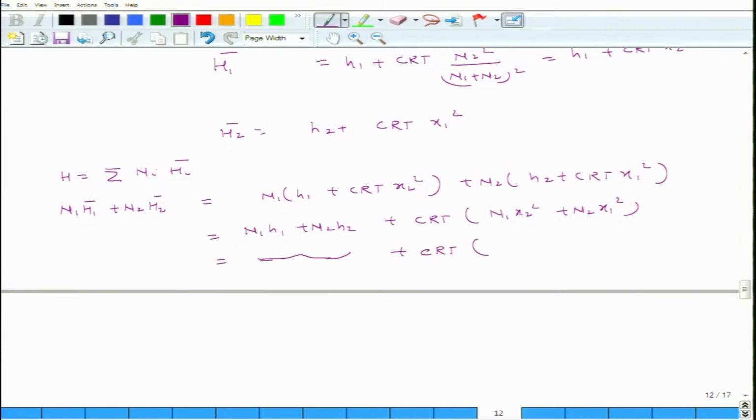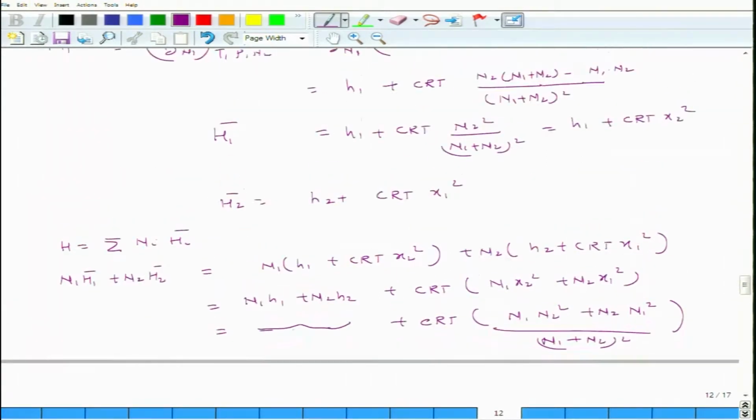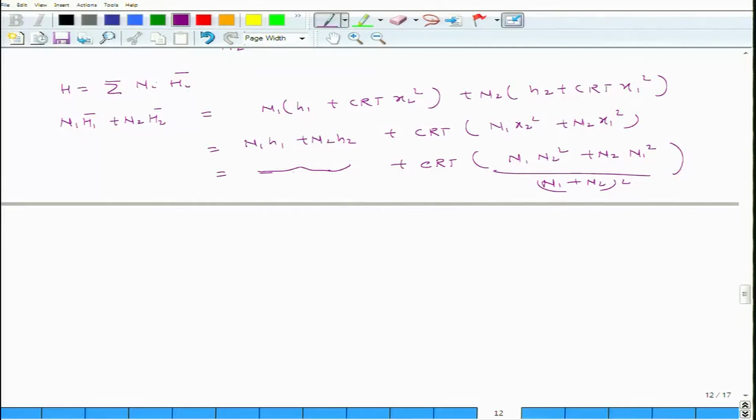I can write x2 as N2 square divided by N1 plus N2 square. So, in the denominator I get this, and then you have N1 multiplied by N2 square plus N2 multiplied by N1 square. Okay. Now, here of course, N1 and N2 are common, so I can take that out.